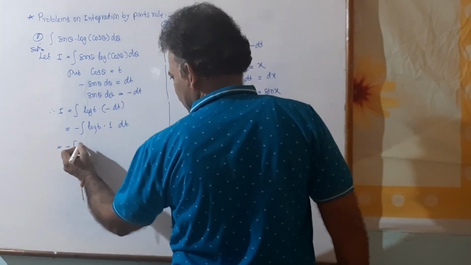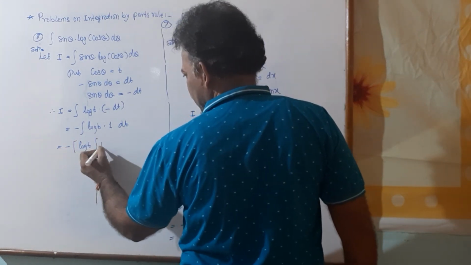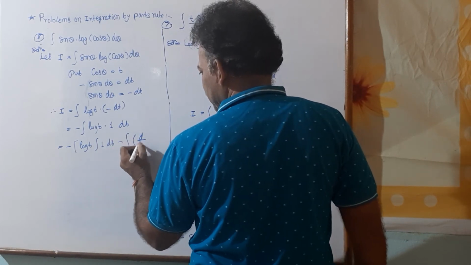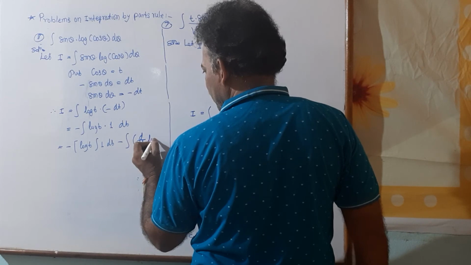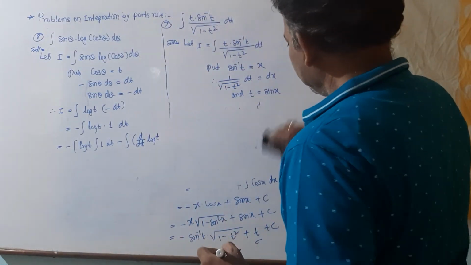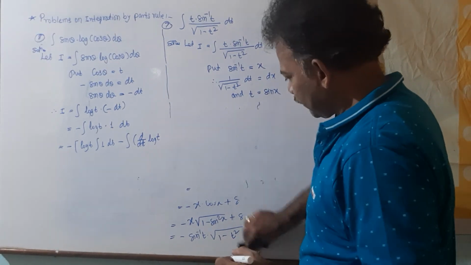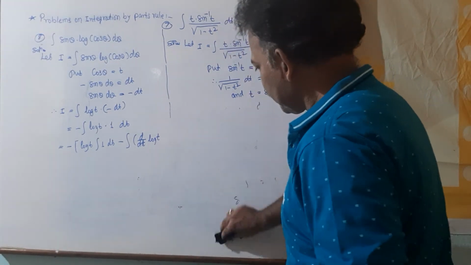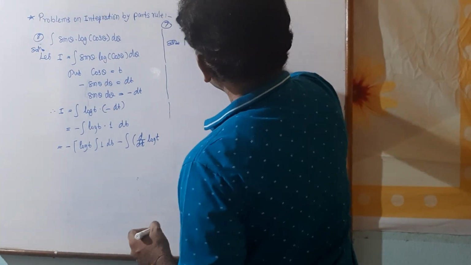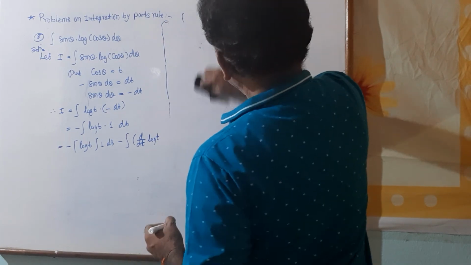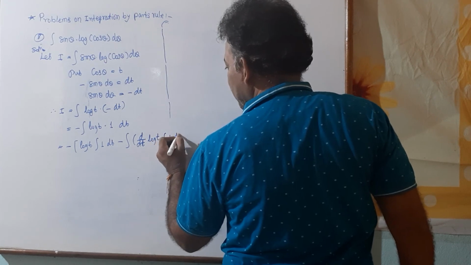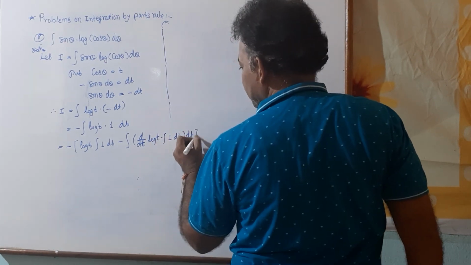Minus outside, first function log t, integration of 1 dt, minus the integral in bracket of the derivative of log t into the integral of 1 dt outside the bracket dt.